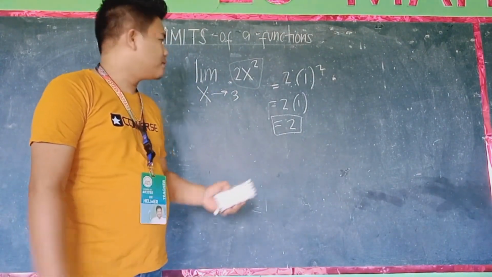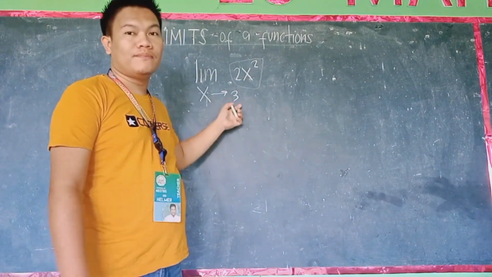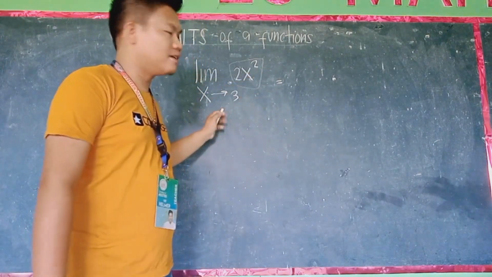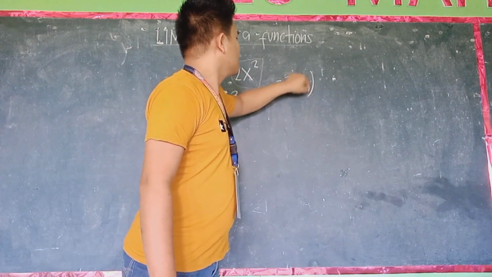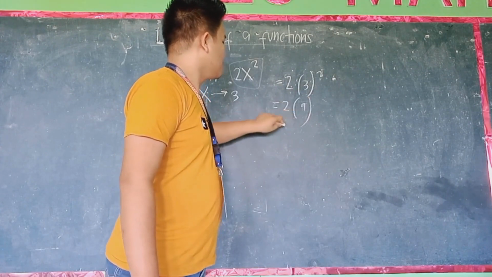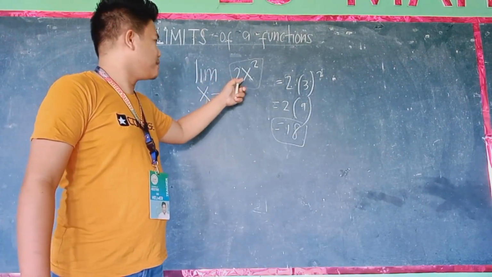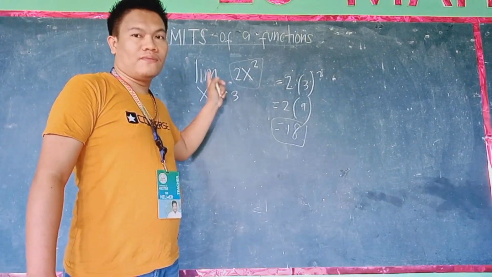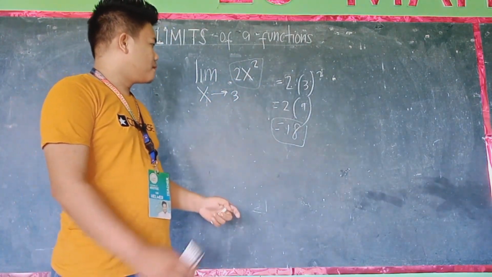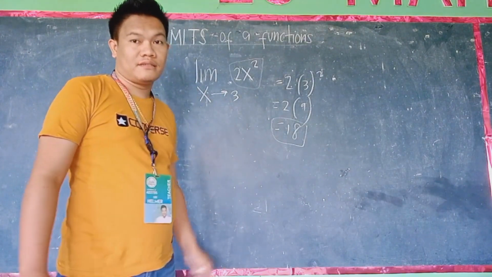So what is the value of the function? The value of the function depends on the value of x. So we substitute again, and this becomes 2 times 3 squared. 3 squared is 9, right? So 2 times 9 equals 18. Therefore, if the limit of 2x squared as x approaches 3, then the value of this function is equal to 18.